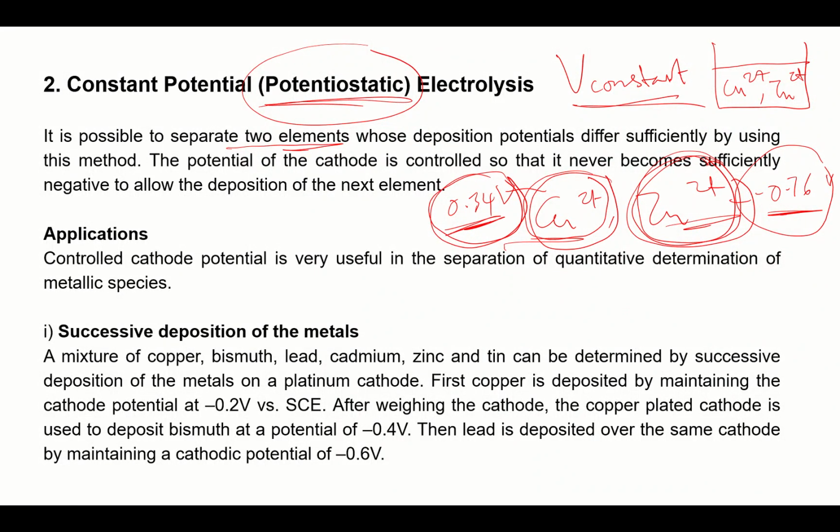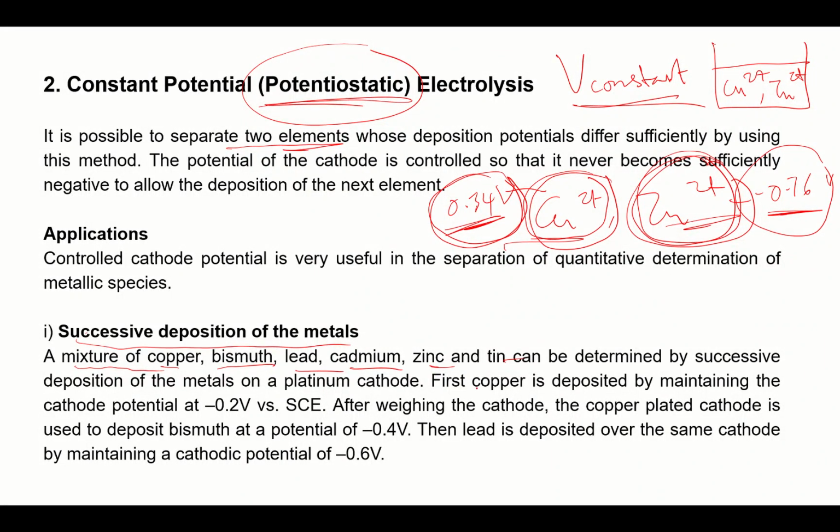Next, successive deposition of metals. In the same case, a mixture of copper, bismuth, lead, cadmium, zinc, and tin, six elements in the container, you can do a successive deposition of metals by knowing the deposition potential for each of these elements.